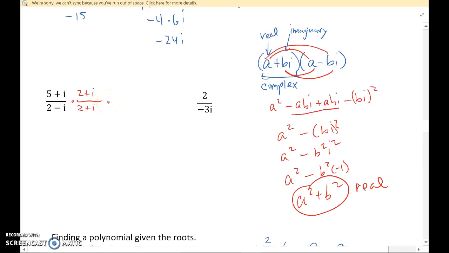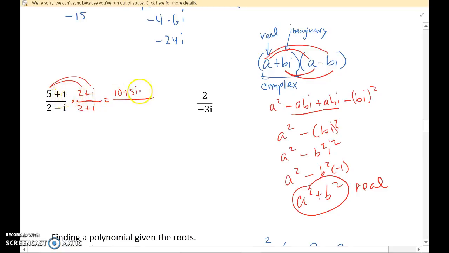The only way you can multiply a number by another number and not have anything change is to multiply by 1. Since we have 2 plus i over 2 plus i, it's still equivalent to 1. So although it will affect the look of the number, it is still equivalent. We multiply and FOIL across. Across the top, we get 5 times 2, which is 10, and 5 times i, which is a positive 5i.